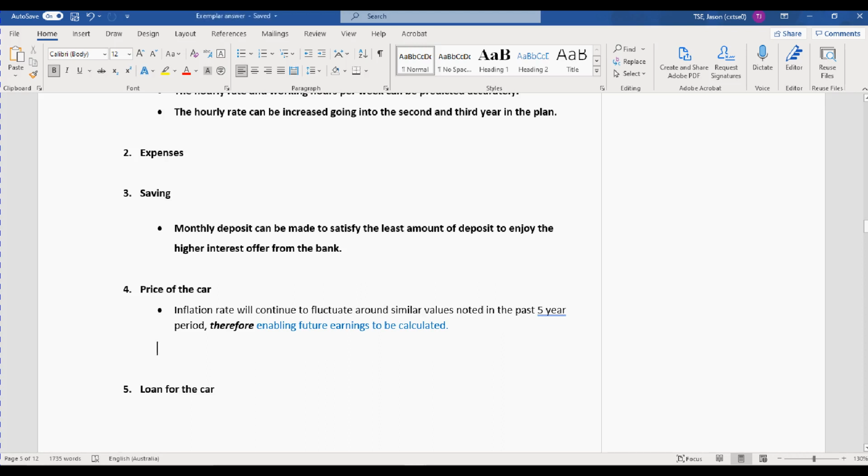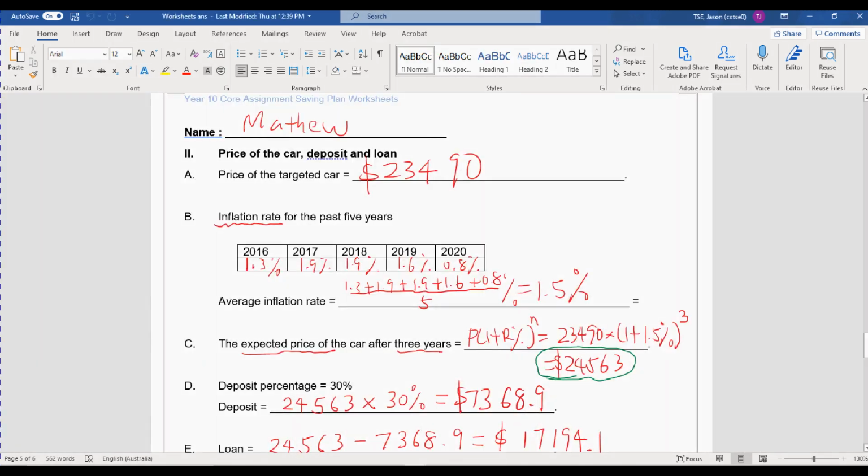All right, so that's why we assume that inflation rate equals the average rate of the last 5 years. All right, so that's why we calculate the price according to that average inflation rate.